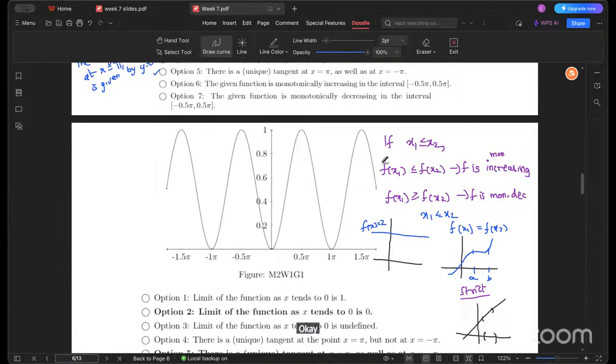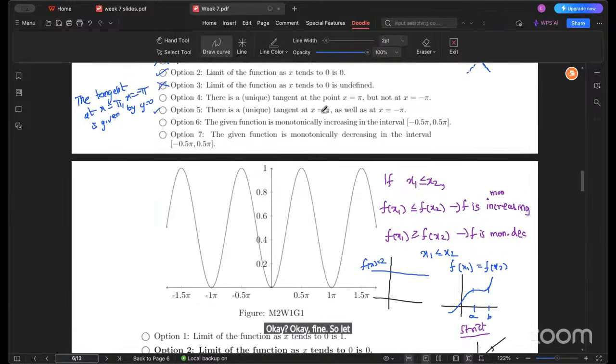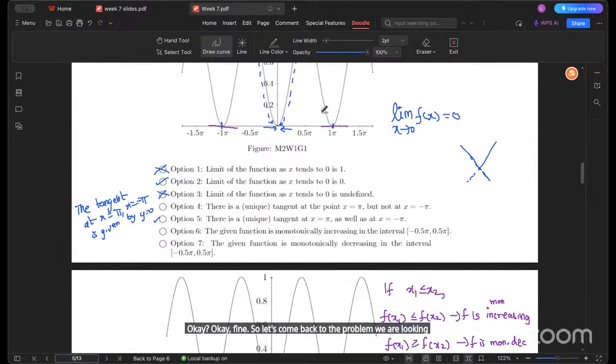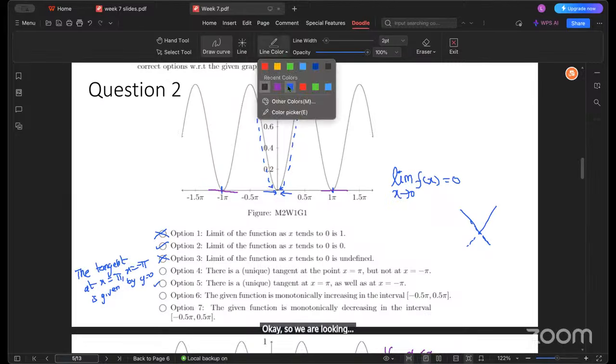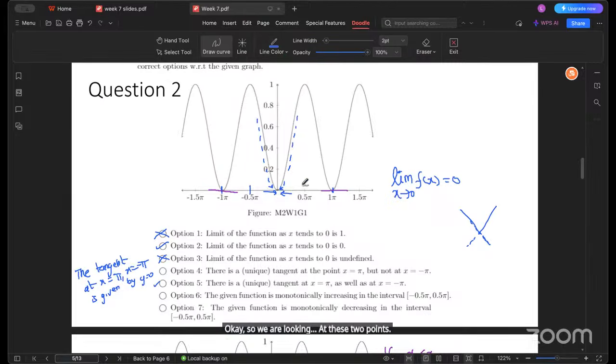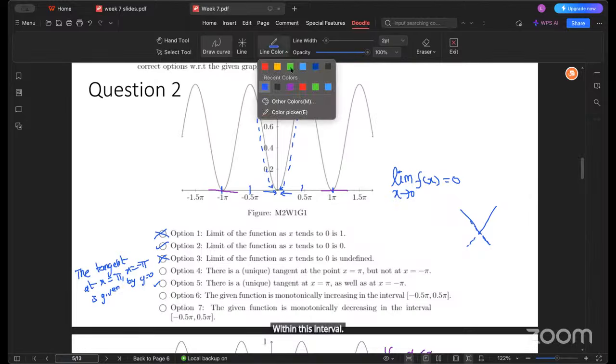Okay, fine. So let's come back to the problem we are looking at. The given function is monotonically increasing in the interval minus 0.5 pi to 0.5 pi. So we are looking at these two points. Within this interval, what is happening?